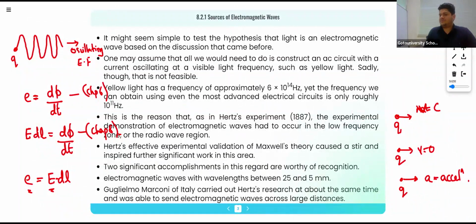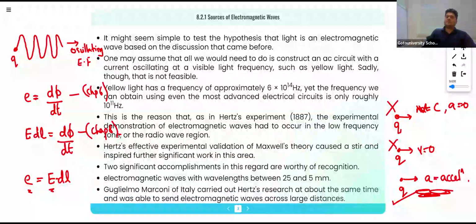The right one will be the accelerated charge. If velocity is constant, that means acceleration is zero, and this will not produce an electric field. Even a stationary charge will not produce it. For production of an electric field, charges must have acceleration.